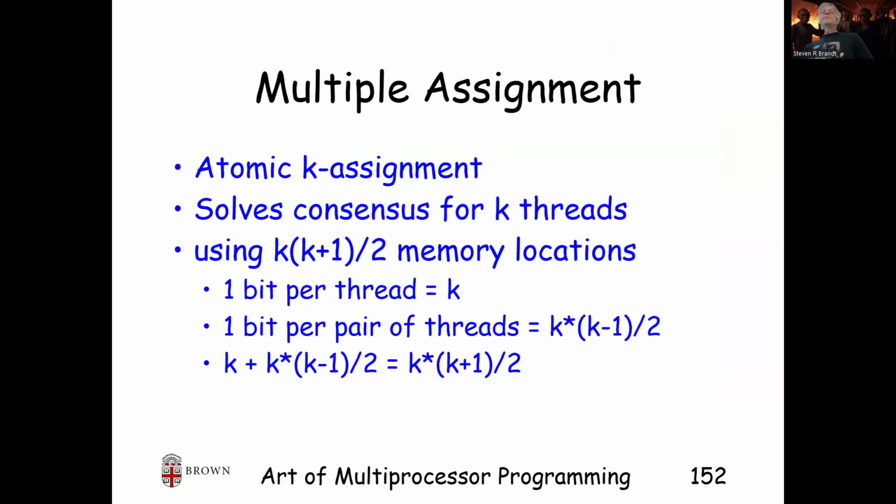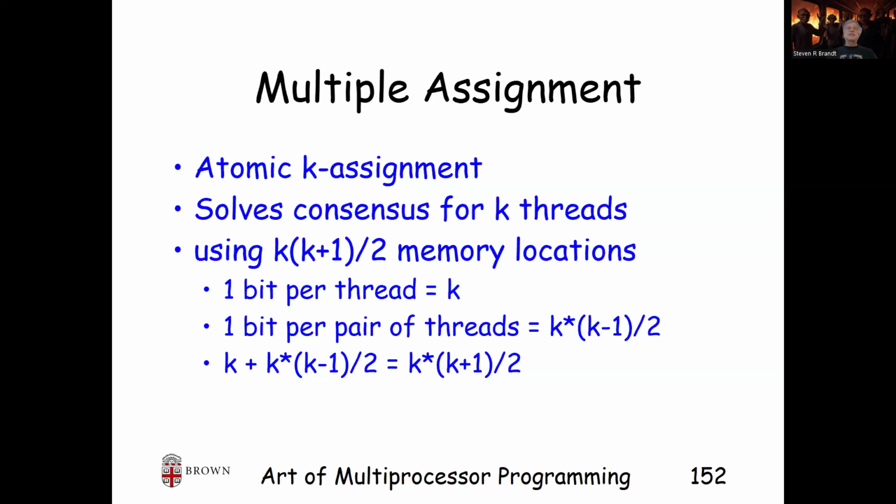Multiple assignment. Okay, so here's a thought for you. We had that multiple assignment. We wrote 2 out of 3 locations to solve 2 consensus. Can you think of a way to solve 3 consensus, if you had this ability to simultaneously write memory locations?